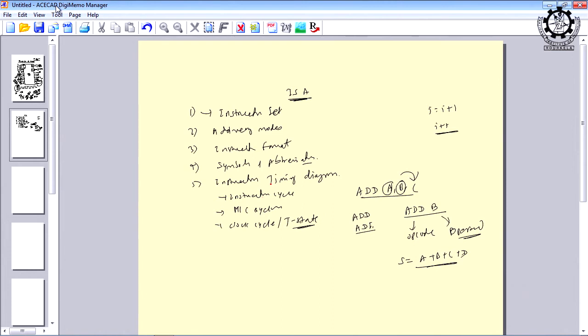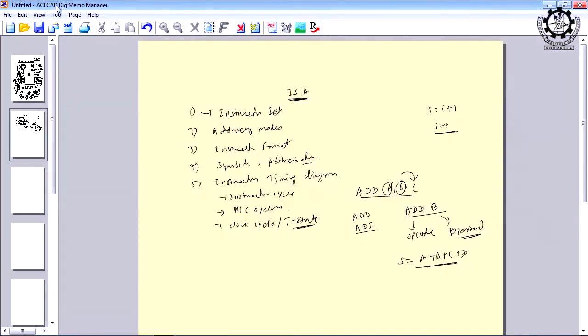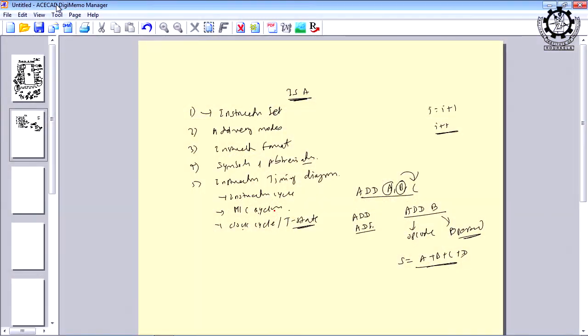The total time required to execute the instruction is called instruction cycle, and that instruction cycle is divided into one or more machine cycles, and each machine cycle is divided into one or more clock periods. Whenever you add the number of clock periods to execute an instruction, that will give you the instruction cycle time. Is it okay? This follows a specific pattern, and sometimes the pattern may not be followed, that we shall see, how it varies from instruction to instruction.